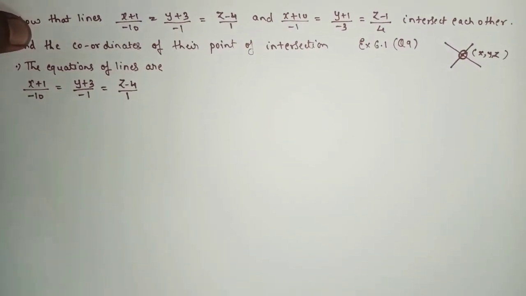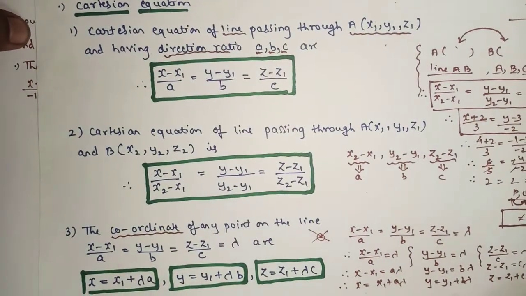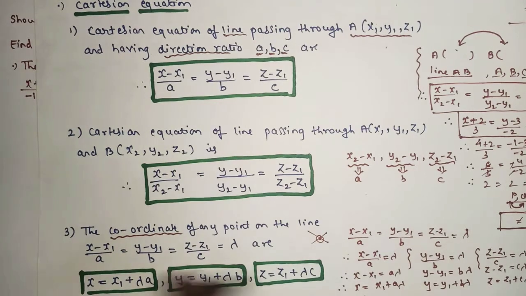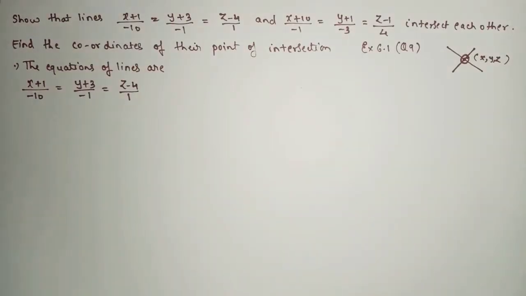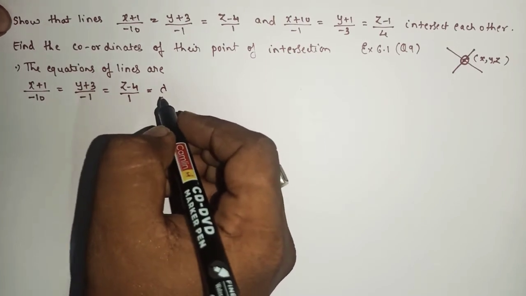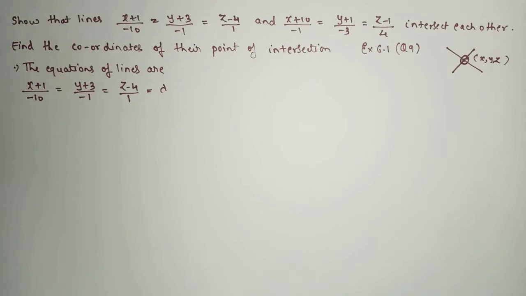Using this concept, for the coordinates of any point on the line, we'll take the first Cartesian equation with each ratio equal to lambda. Lambda is just a constant, we can say it is a scalar multiple.